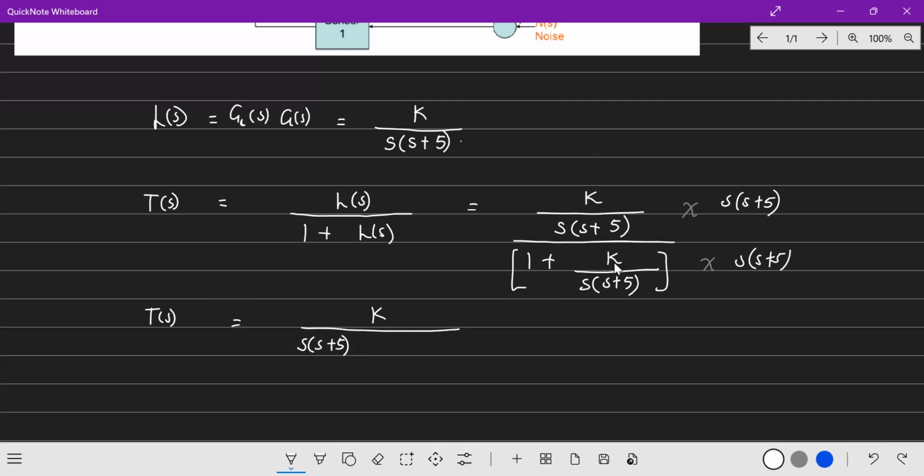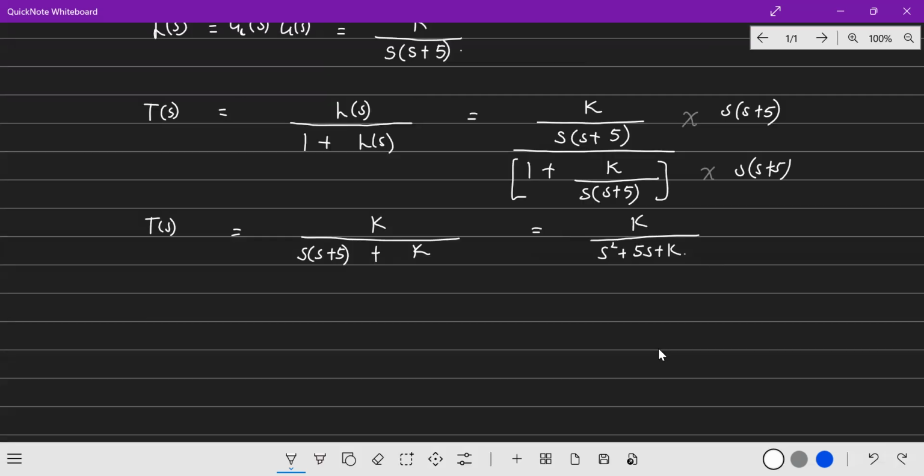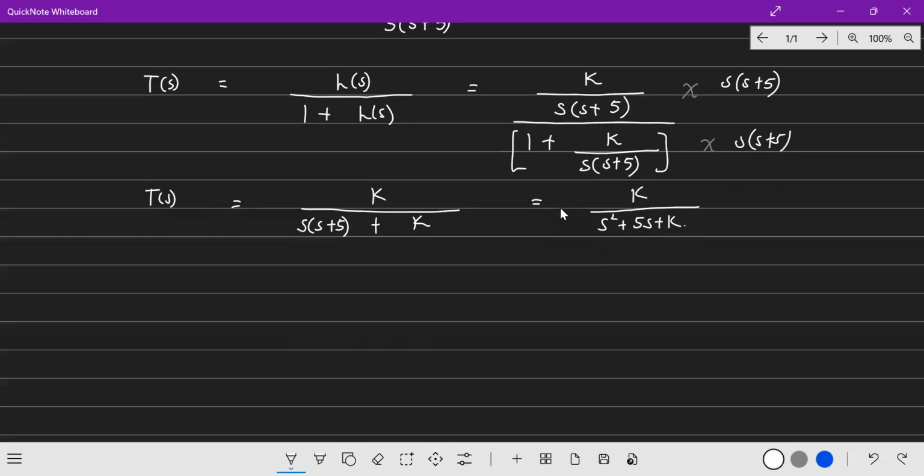And multiplying K over S times S plus 5 by that, you just remain with K, because these two cancel out as well. So we can simplify this as K divided by S squared plus 5S plus K. All right, so now we have found the closed loop transfer function.